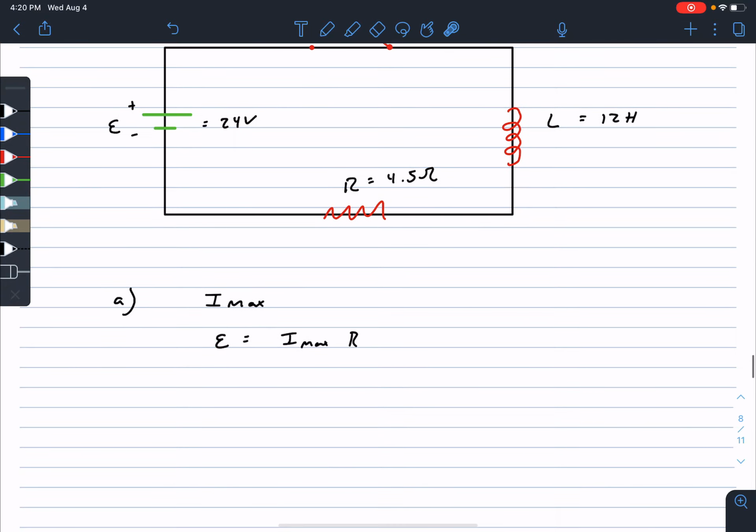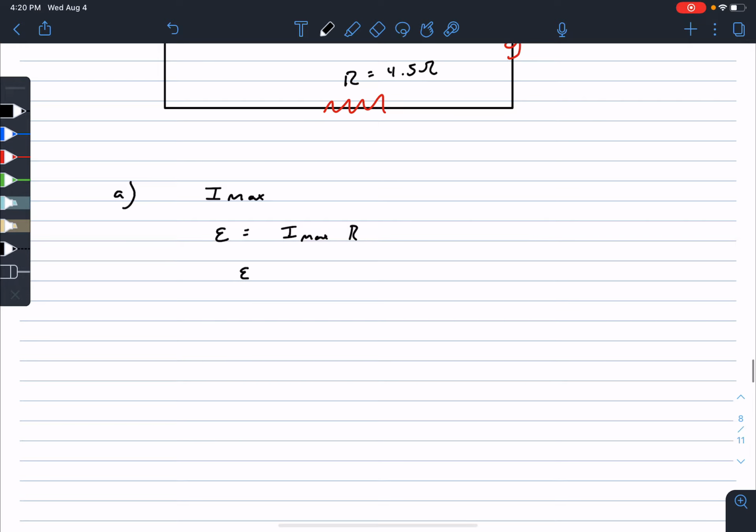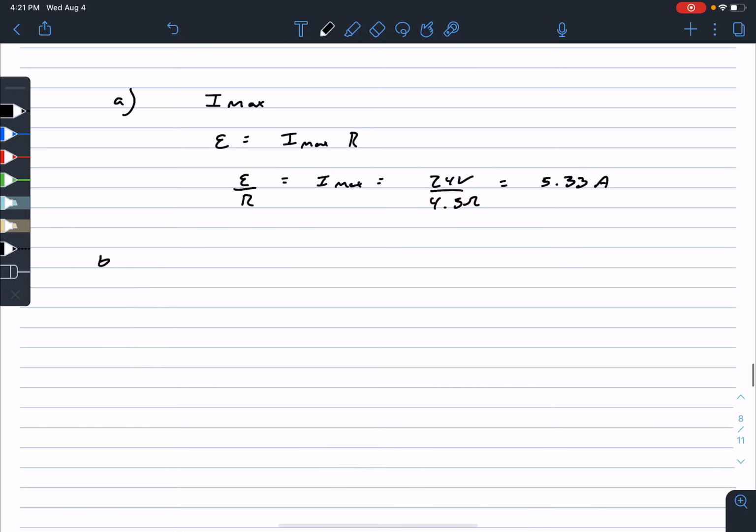Because this is going to be the full EMF. So E over R is equal to I maximum, which is 24 volts over 4.5 ohms. What do we get? We get 5.33 amps.